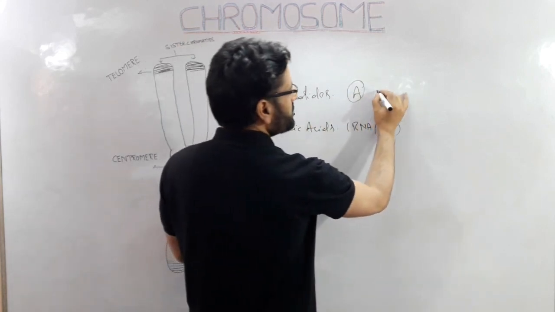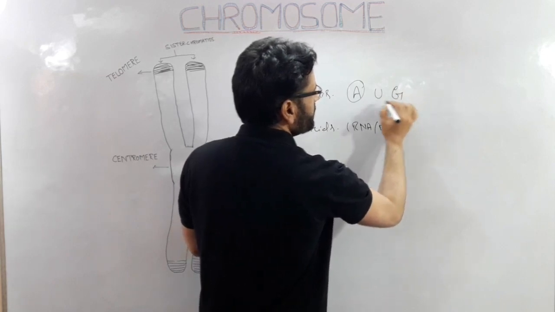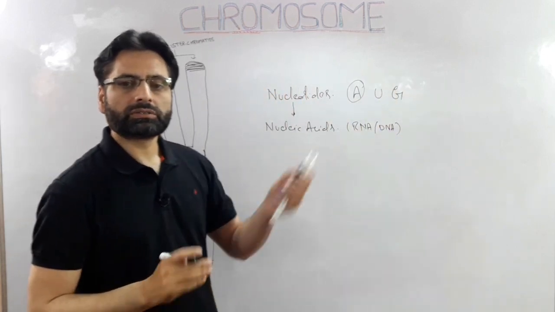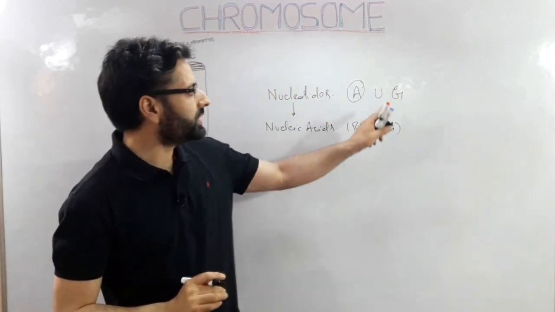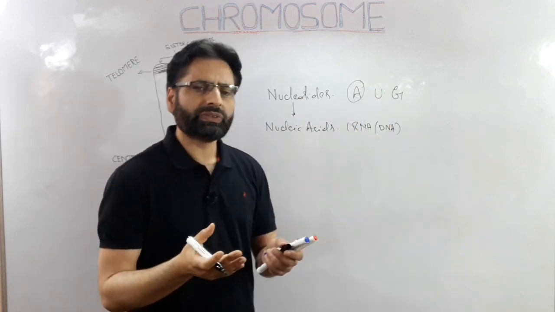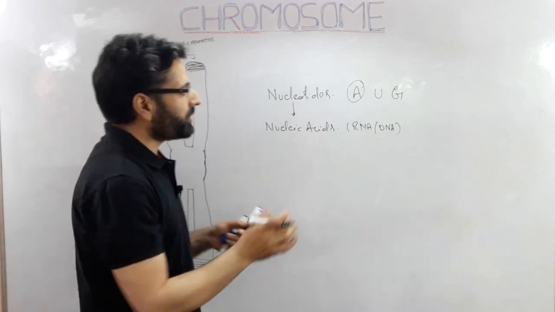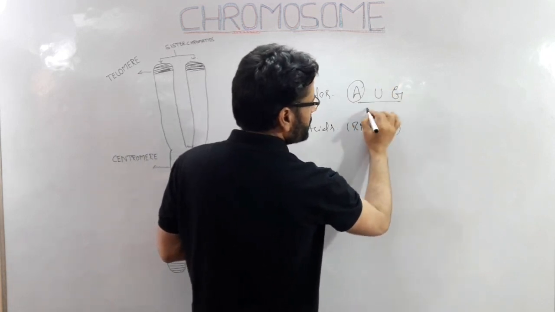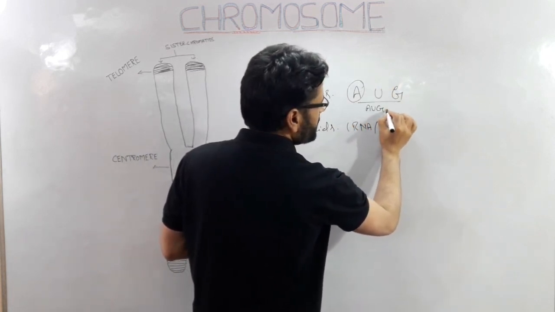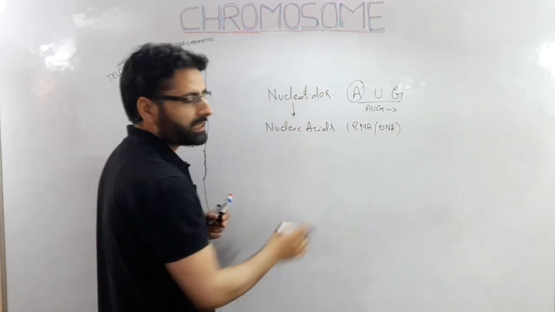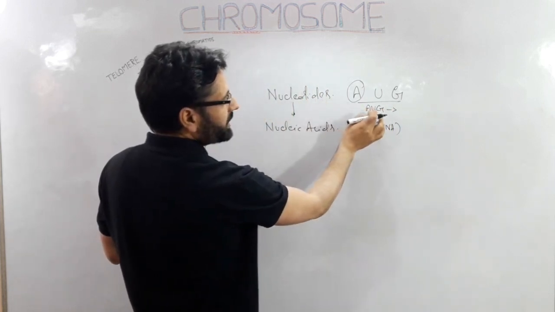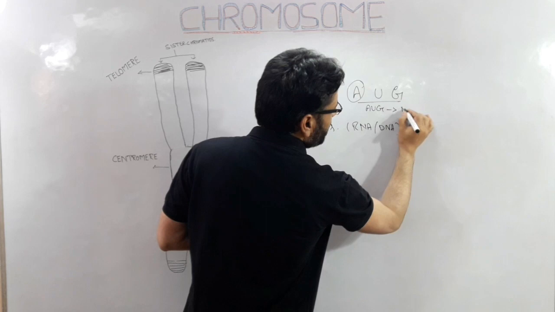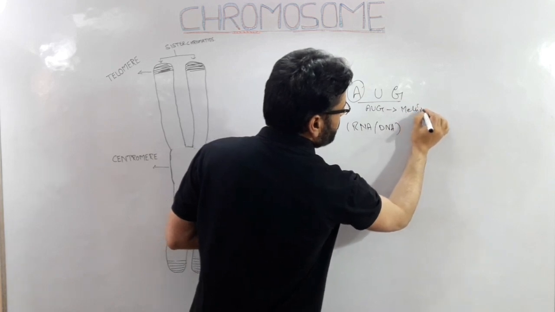The same is the case with uracil or guanosine monophosphate. These nucleotides at the individual level are meaningless. But when you combine these nucleotides in the order AUG, they have meaning. That is, in this combination, these three nucleotides will encode methionine.